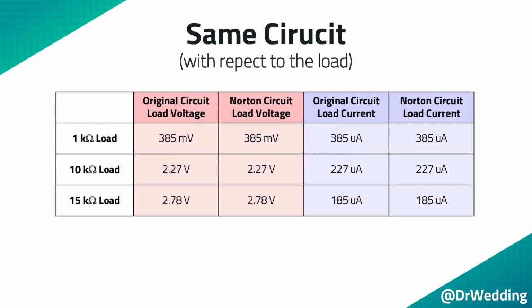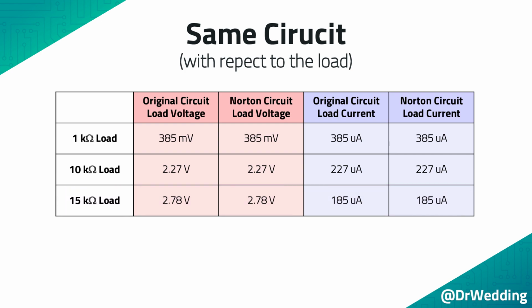For example, if the load resistor is 1 kilo ohm, then the voltage across the load in the original circuit and the Norton circuit will be the same. The current through the load will also be the same in both circuits. If the load resistance is increased to 10 kilo ohms, or again to 15 kilo ohms, the voltage across the load and the current through the load will be the same in both circuits.